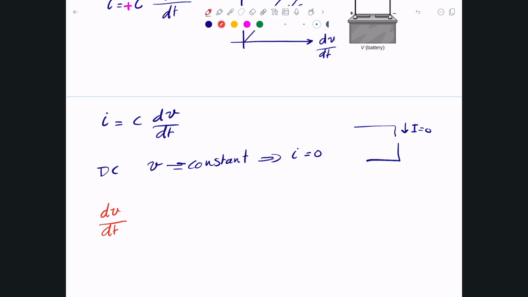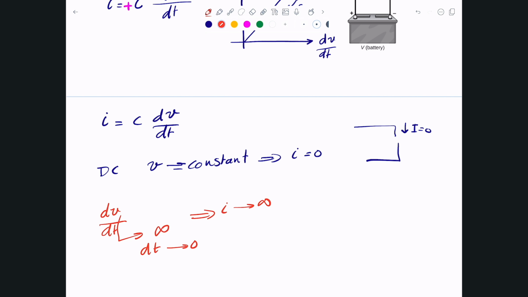What I'm telling you is that dt is basically 0. So this change goes to infinity, because the change happened in 0 time. That means dv divided by dt is infinity, which means i is also infinity.